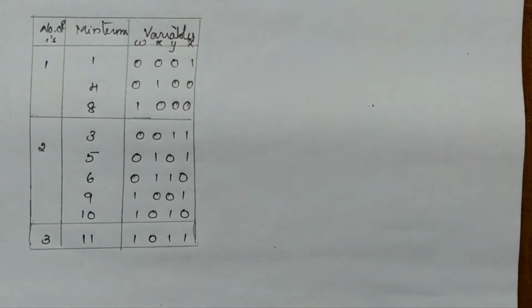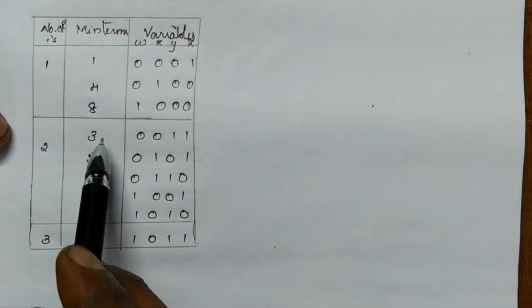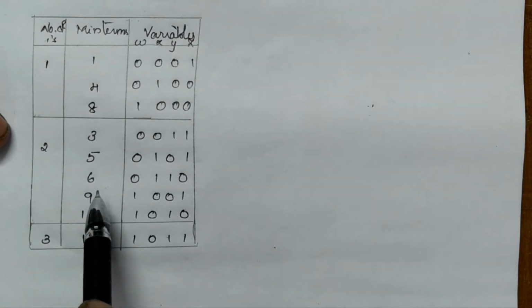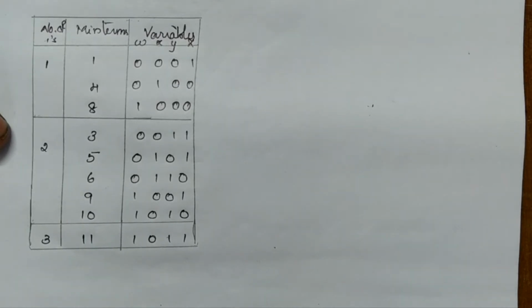After completing the first step, which is nothing but grouping with number of ones, we can go for the second group. Here we need to combine nearby groups. Number of ones equal to 1 and number of ones equal to 2, we need to group and form new terms.